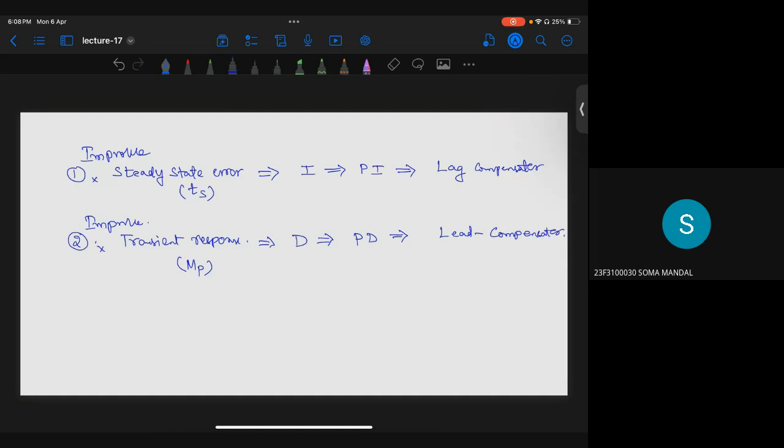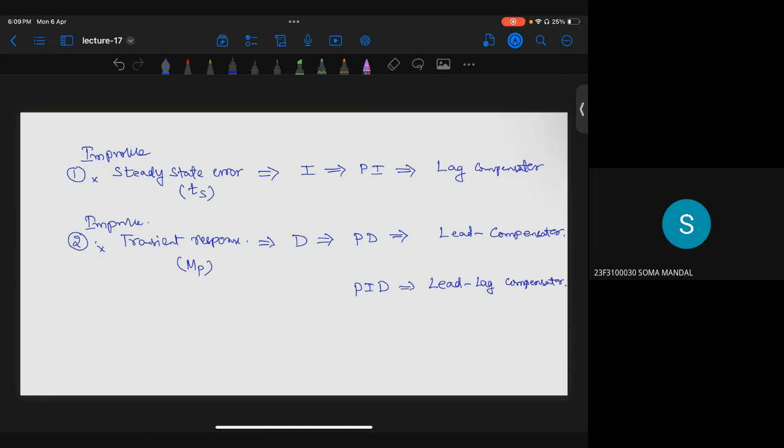Combining these two, we will have the PID controller, then lead lag compensator. Sir has already explained one full example in the video lectures. Please go through that. And also in the coming Wednesday's live, I'll take one full example other than the one explained in the video lectures.